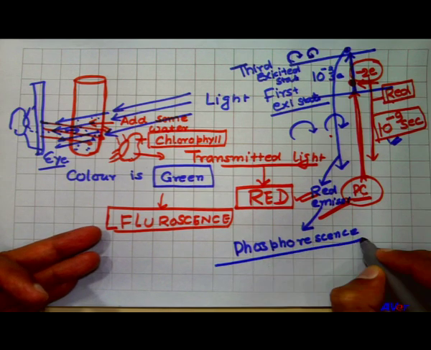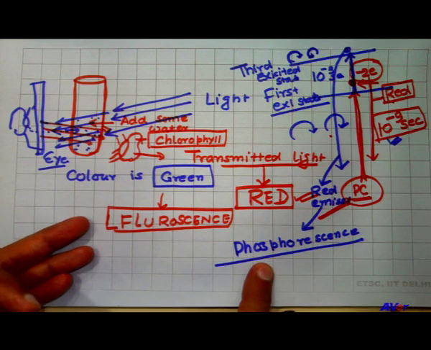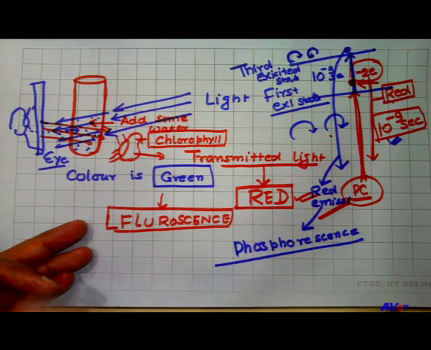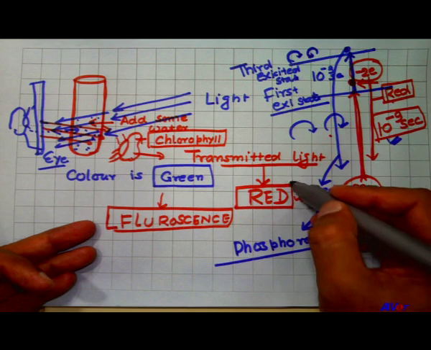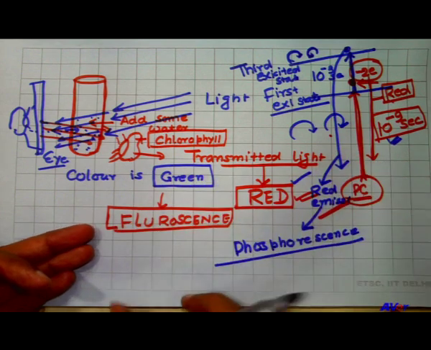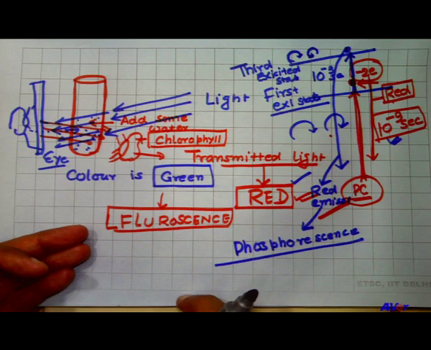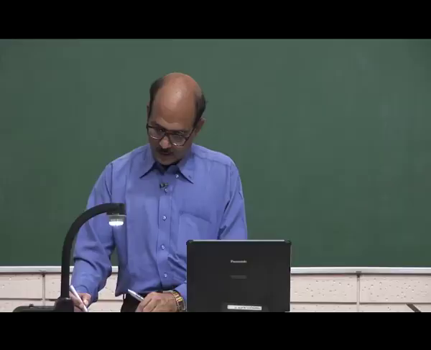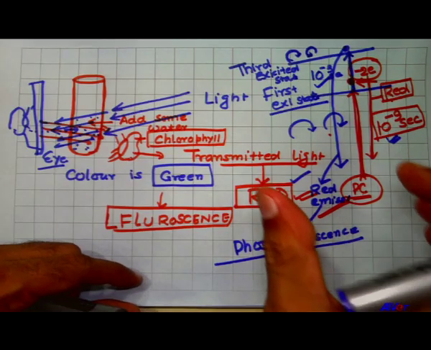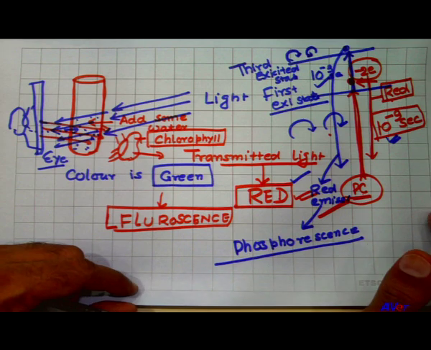In both these phenomena, fluorescence and phosphorescence, the chlorophyll pigments give their color, that is red, but there is a timing difference and electron affinity, depending on which type of excited state they have reached.